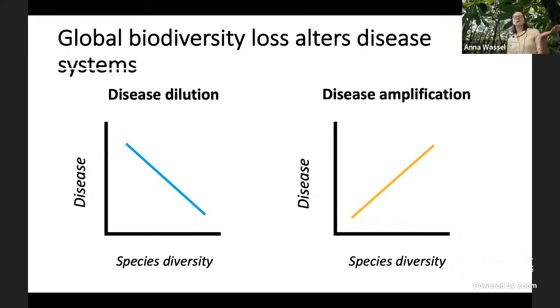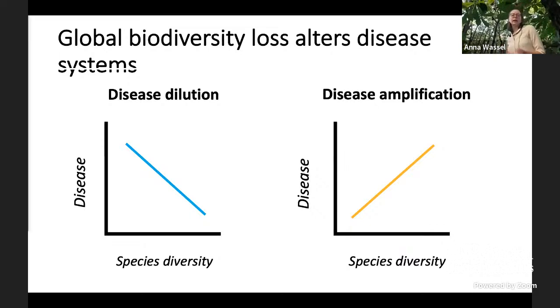So with global diversity loss, we can expect changes in community structure, community composition, and that can change the hosts and reservoirs that house and host diseases.